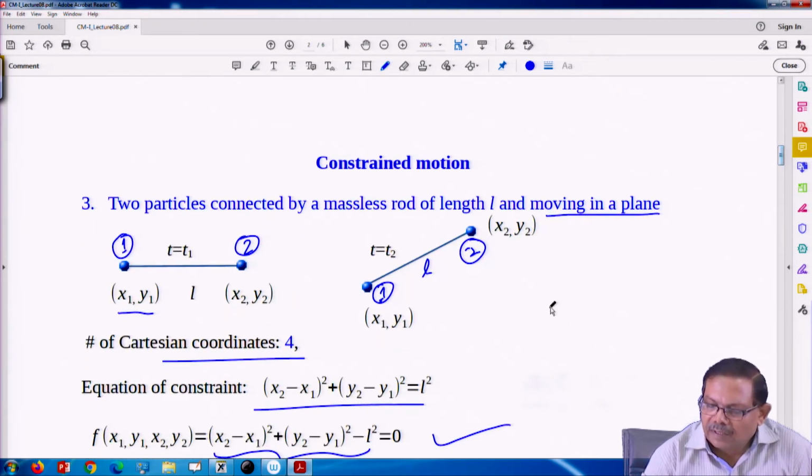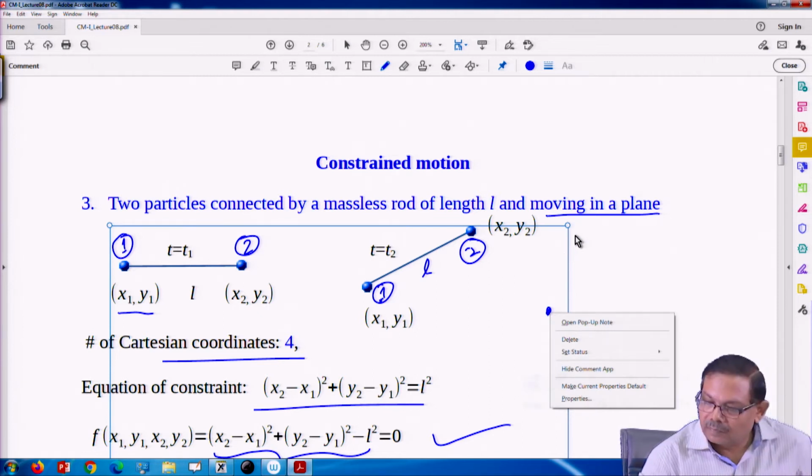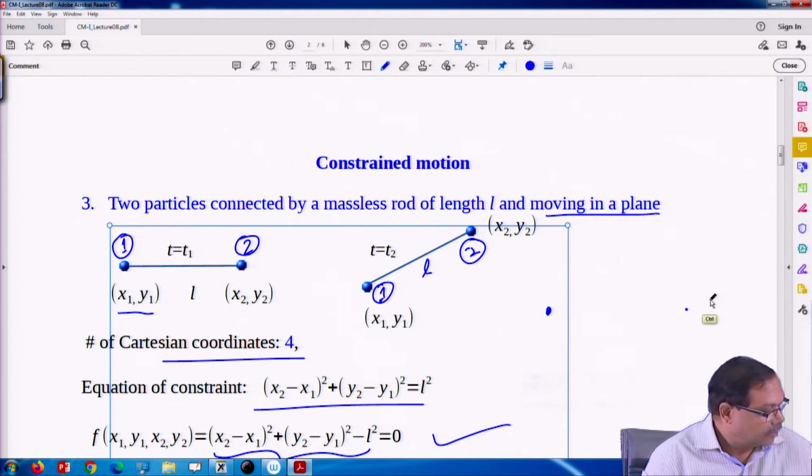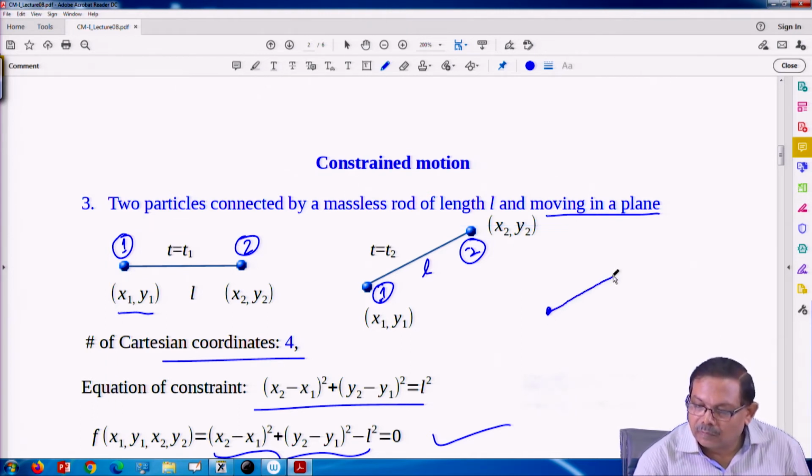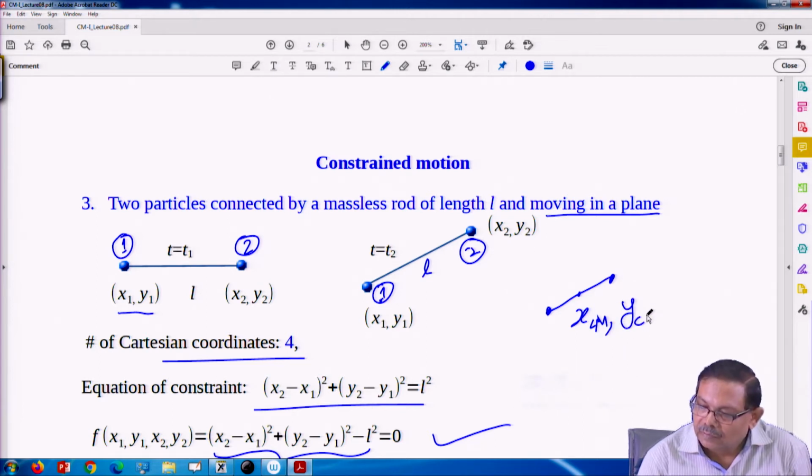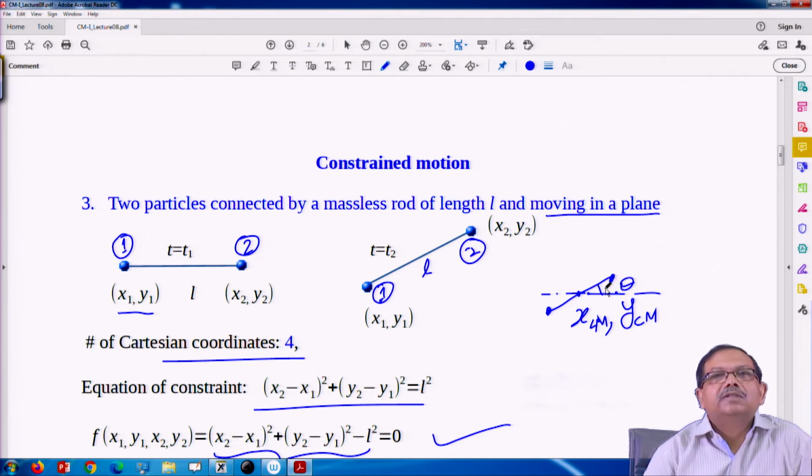So, let us say at any moment of time, if I want to locate these two particles connected by a rod, I will say what is the coordinate of the center of mass of this system and its orientation with the x axis. So, these are the 3 coordinates I require.